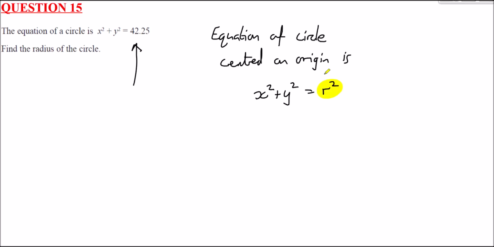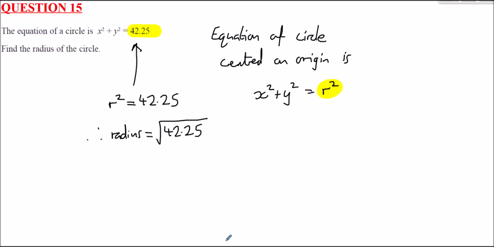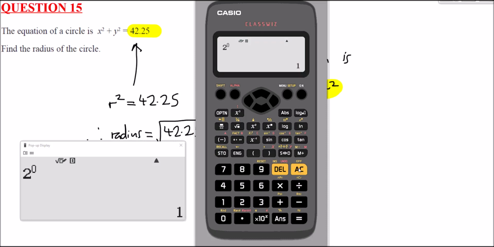Okay, so r squared is 42.25. So it's just spotting and knowing this little fact. So the radius squared is 42.25. Therefore, the radius of this circle is just the square root of 42.25. So let the calculator do the hard work for you.